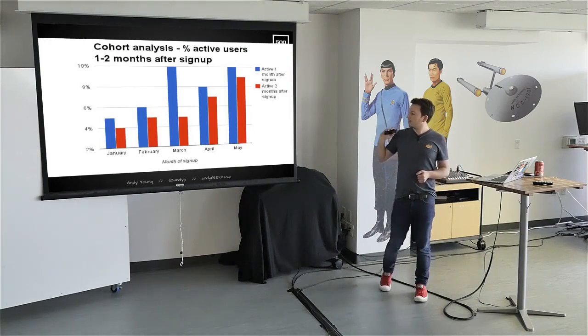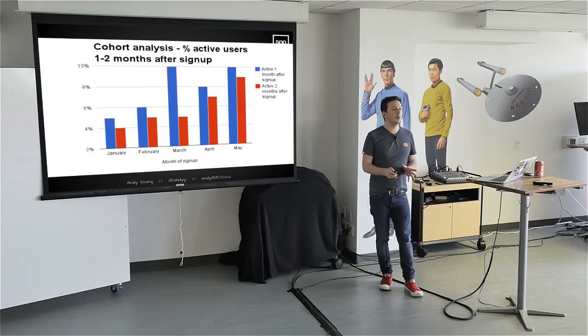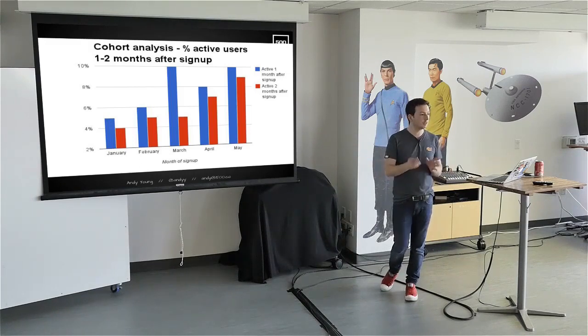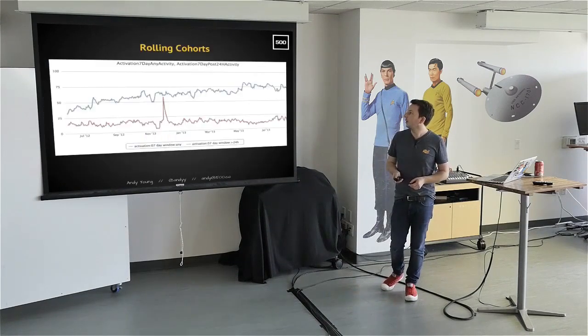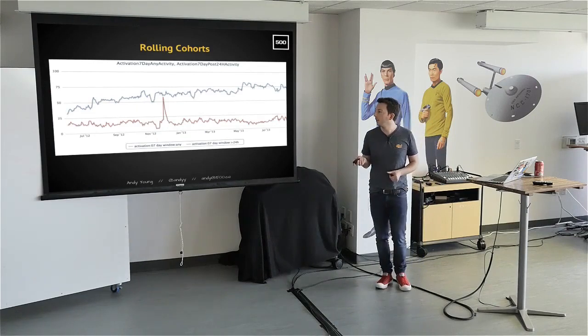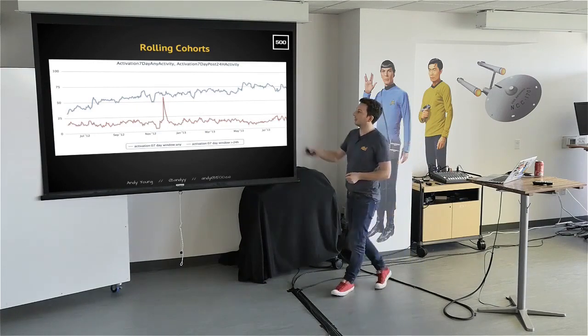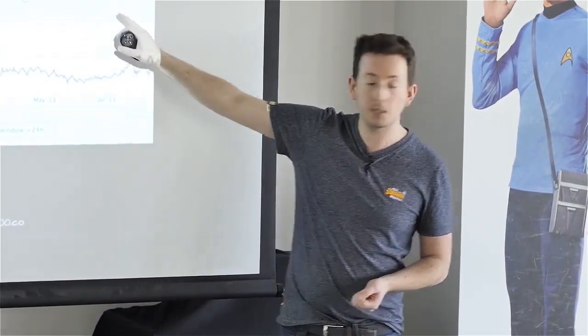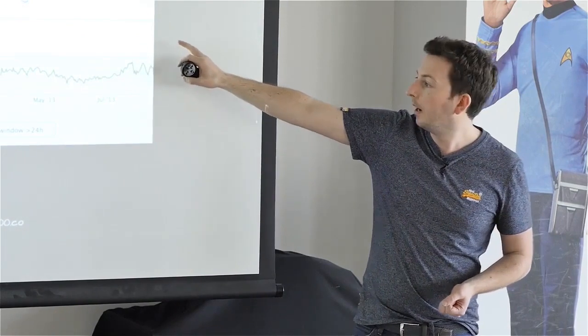The comparison is, so this traditional cohorts, fixed windows, the bar chart type view, fixed cohorts, monthly or weekly. Compare against this. So here, what I've got is I've got two metrics, so in a similar style. So these are activation metrics. So the blue, this is actually for Group Spaces, my previous company.